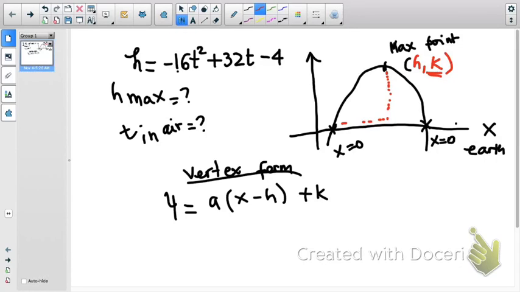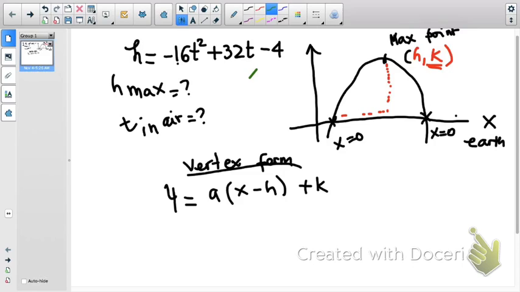So now, we're going to rearrange the equation that you're given so that it looks like a vertex form. So you have h, and I'm going to add 4 on both sides. And the reason I'm doing that is to complete the square, because I think there's a square here.